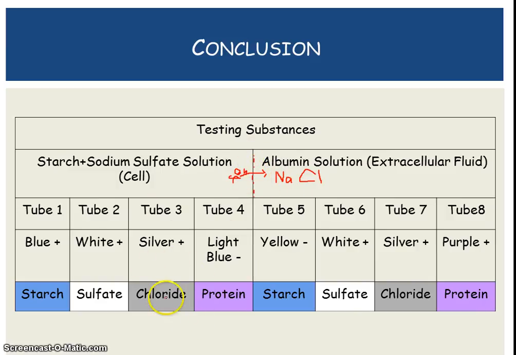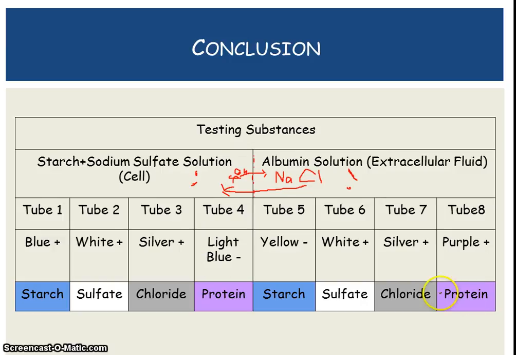The chloride ion test, tube 3, tube 7, both are positive. Chloride ion started here, it diffused and reached an equilibrium. Chloride ions reached an equilibrium, 2 over here and 2 over here. The chloride ions diffused and reached an equilibrium based on the positive and similar amounts of the precipitate.